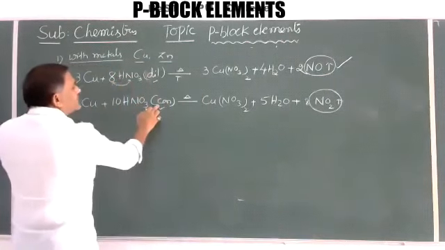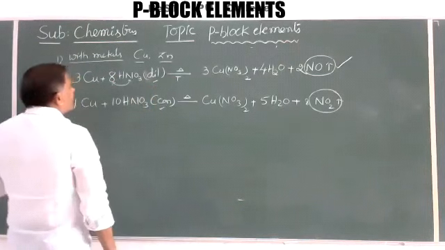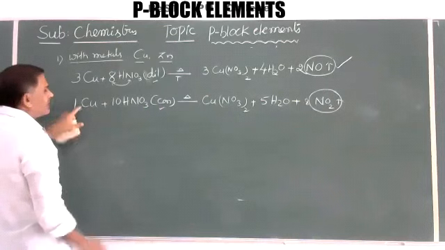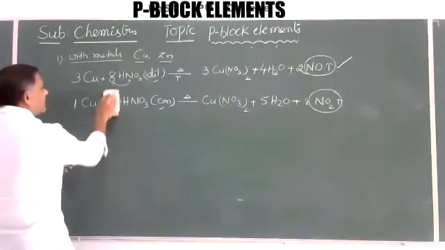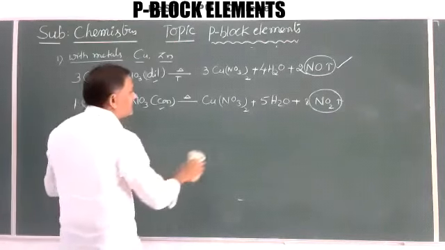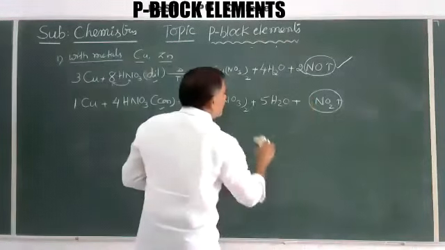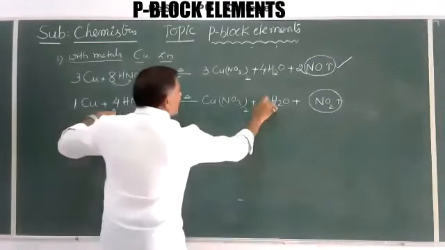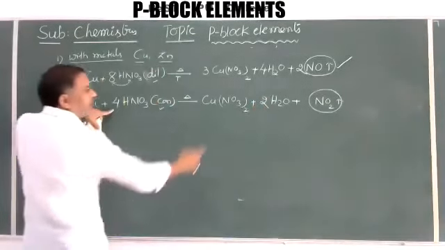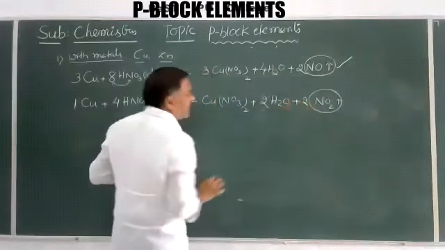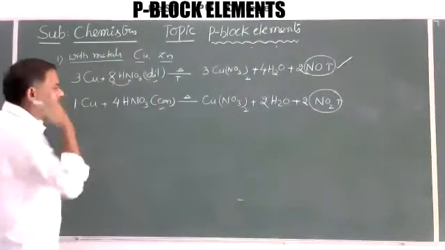Instead of copper, if you take zinc metal, same conditions. Sorry, better you take 4 moles, not balanced here. See it? 4 means here 2H2O; already 2 are there, take 2 moles. It is balanced. Now clear?